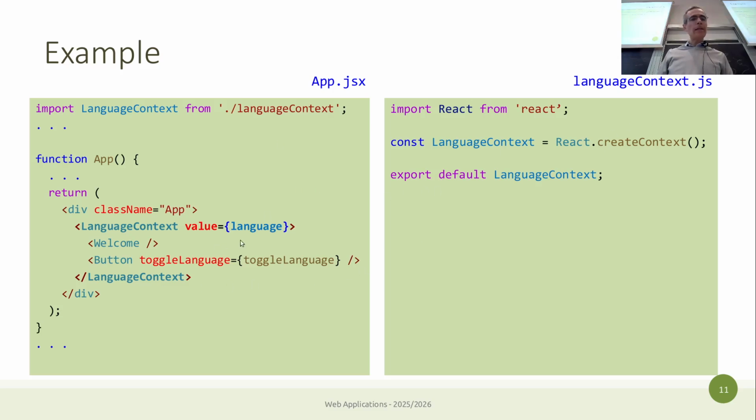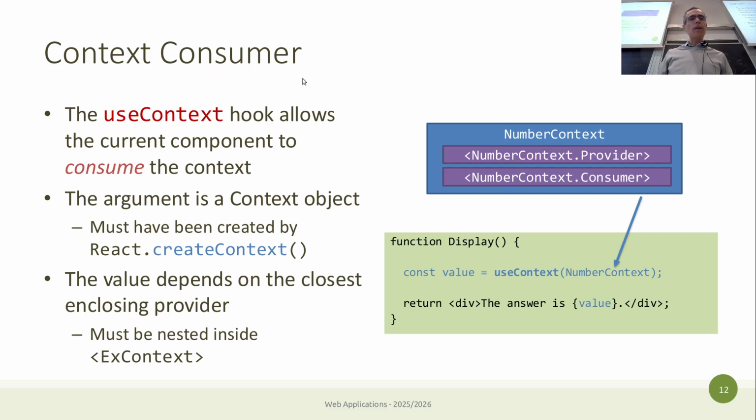Good. And then for the consumer, there are two options, as I told you. You have to write use context, that's a hook from React, so you have to import it, of course. The name of the context, so the reference actually to the context more than the name. Of course, if we keep coherency, that's actually the name.